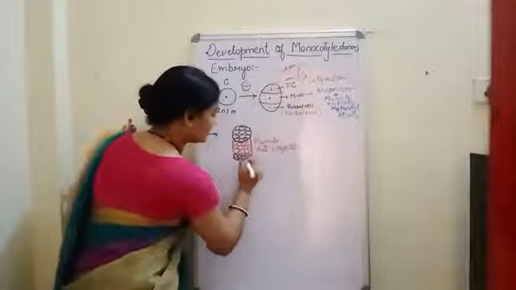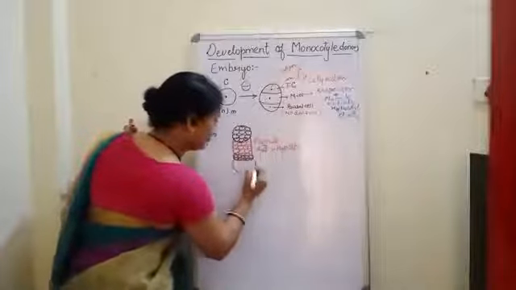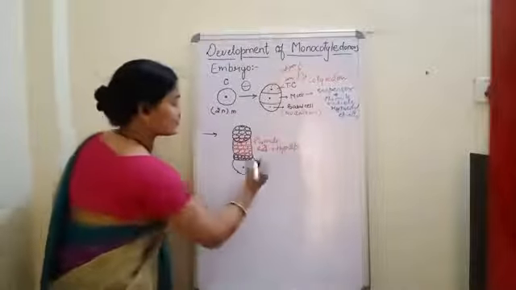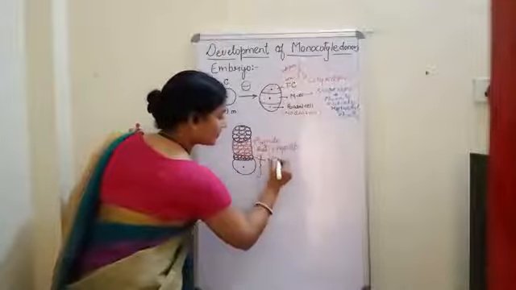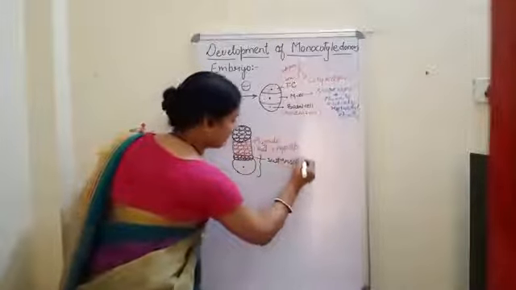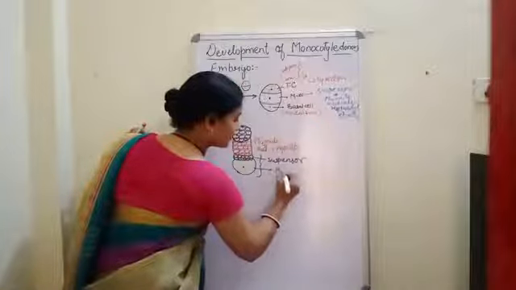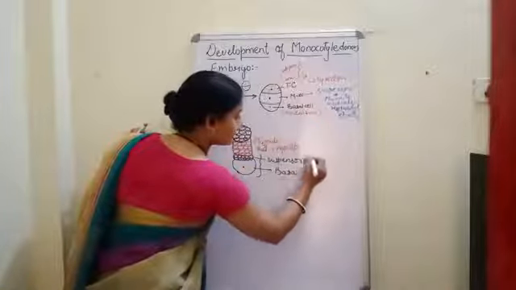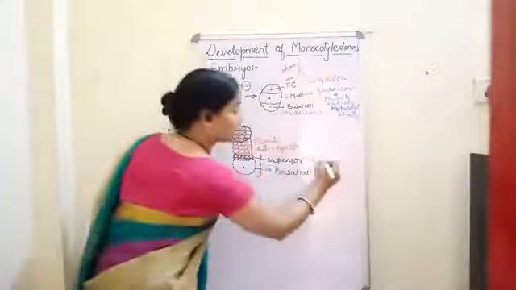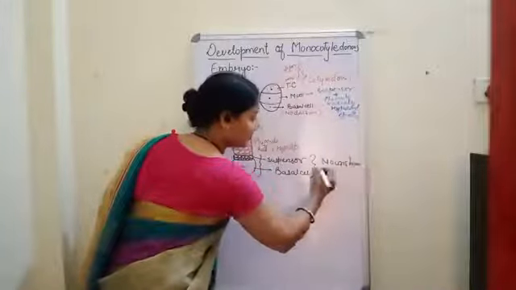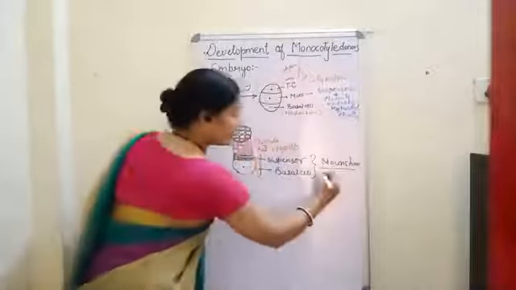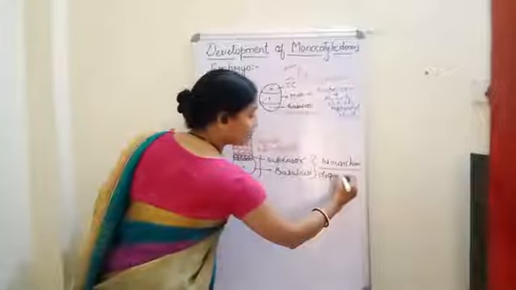This is the suspensor along with the basal cell. Their main function is to provide nourishment, and then finally they will degenerate.